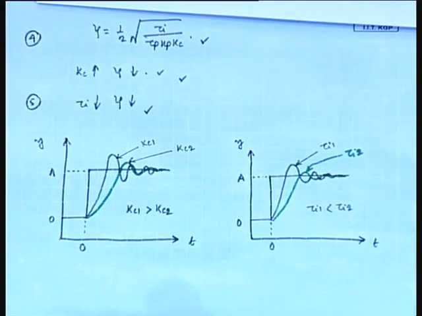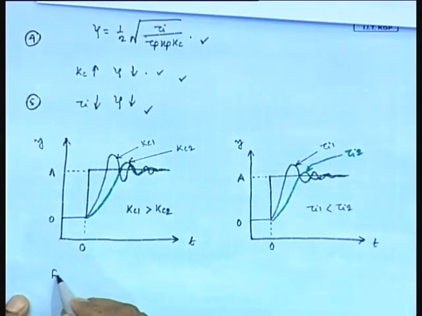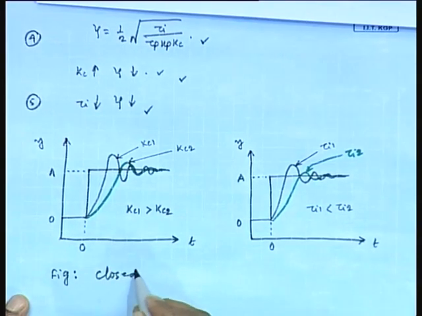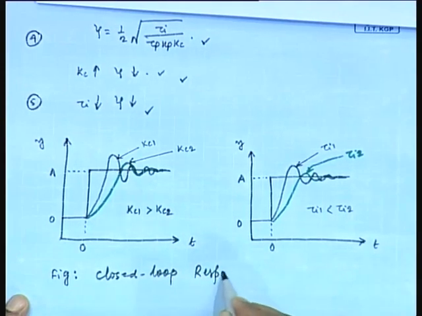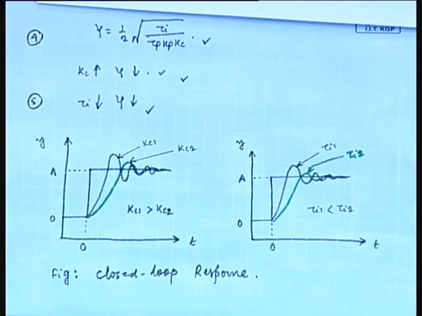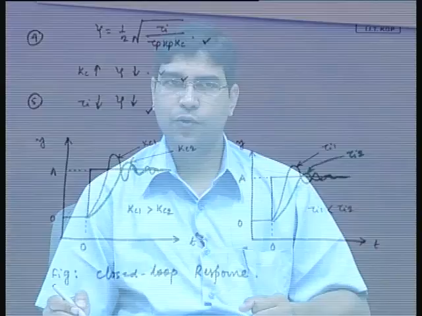With the decrease of tau I, zeta decreases, that means more oscillatory response. So, first one is the closed loop response with the variation of Kc, and second one is the closed loop response with the variation of tau I. So, these two points 4 and 5 clearly say that we need to judiciously tune the values of Kc and tau I.